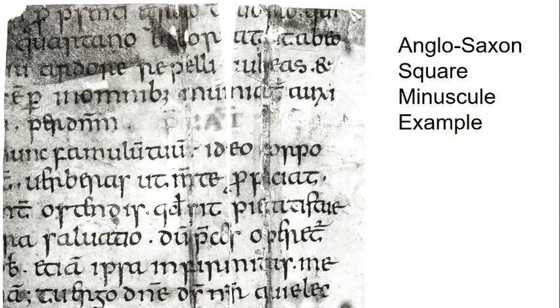In most extreme examples of Anglo-Saxon square minuscule, the minims fit between two lines, and it's very consistent and controlled, so that the script fits very precisely between those two lines, and it has a rather flat appearance to it. And this flat appearance is how you can identify Anglo-Saxon square minuscule, especially in the shape of the A.